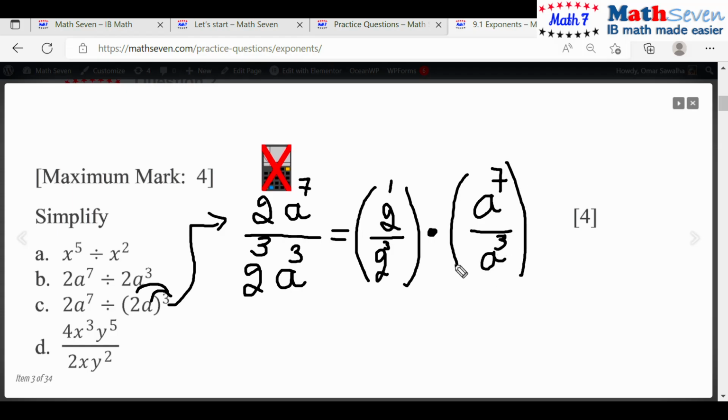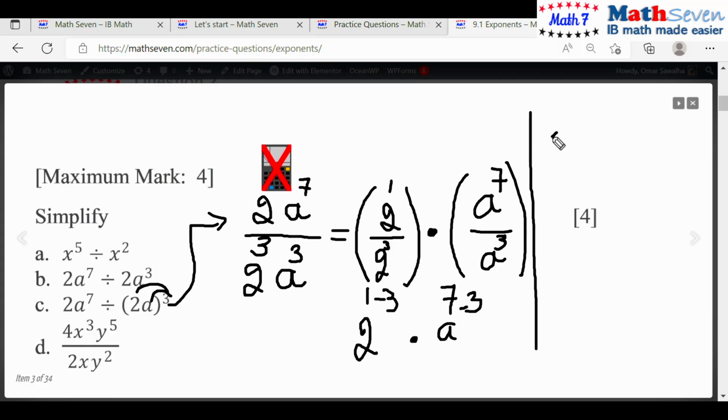So do the numbers first. These ones we subtract. Pay careful attention: I say 1 minus 3, multiplied by a to the power of 7 minus 3. Let me put a line here. So 2 to the power of 1 minus 3 is minus 2, times a to the power of 4.